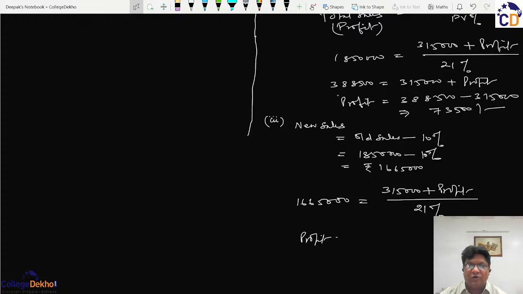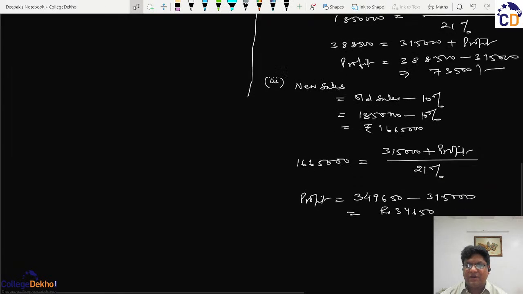Therefore, the profit will be equal to 349,650 minus the fixed cost of 3 lakh 15,000, and hence the profit will come out on a reduced figure of 34,650.